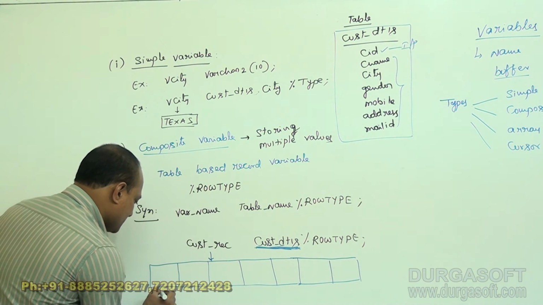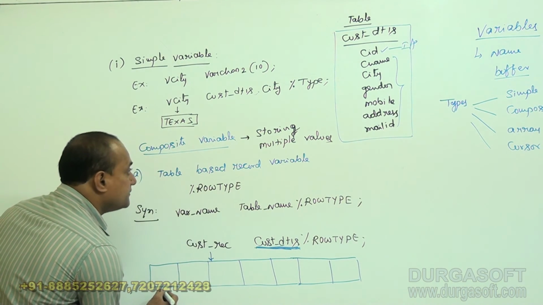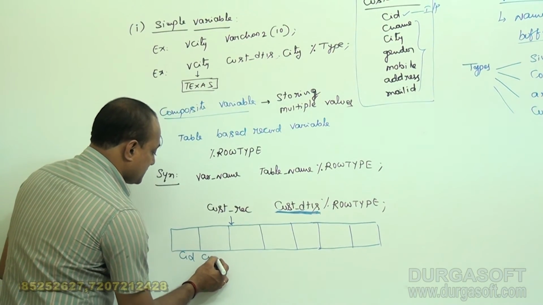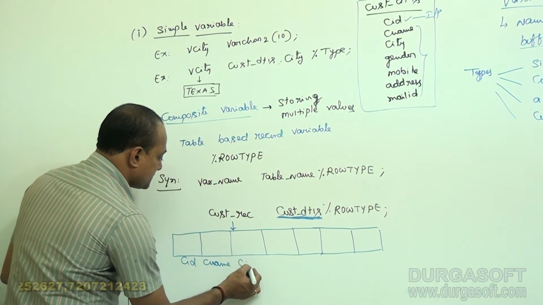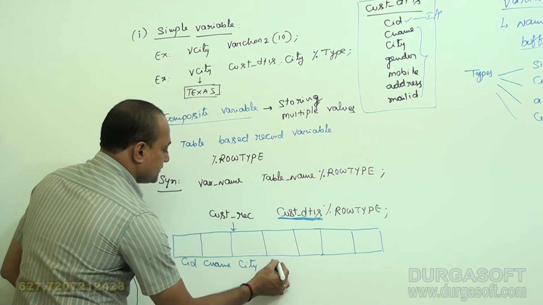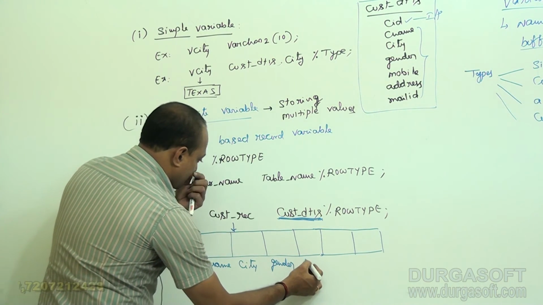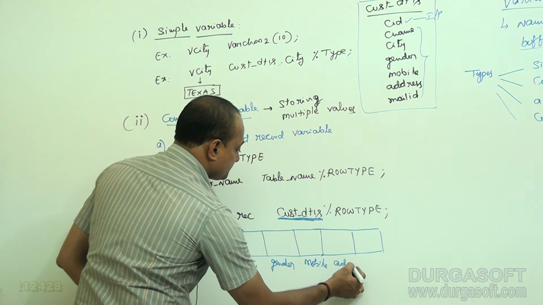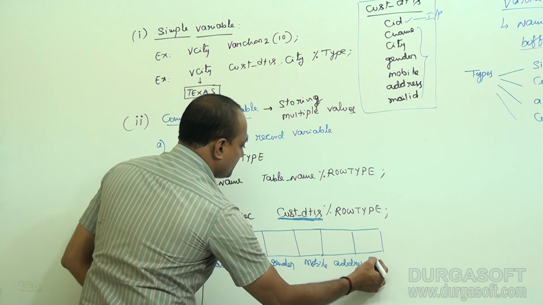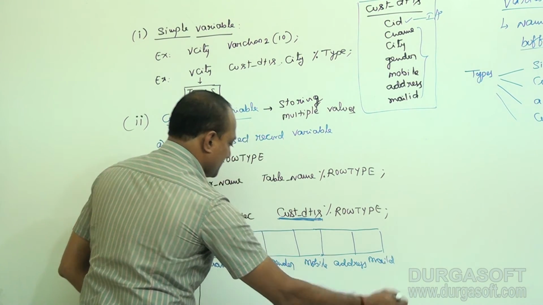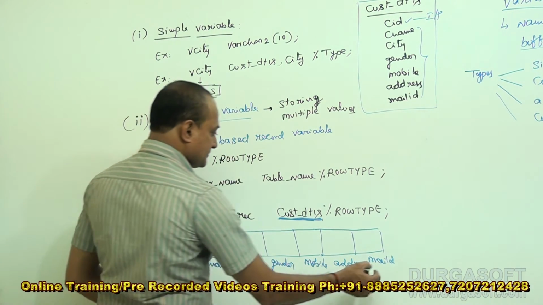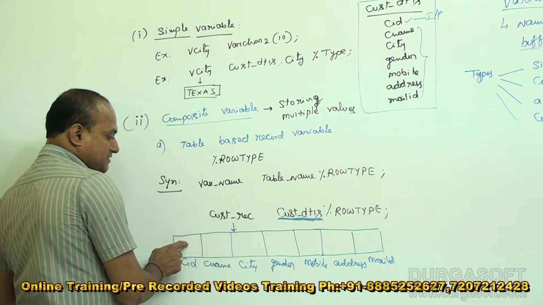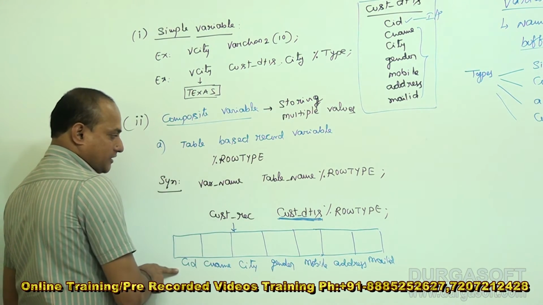Here each location is identified with a column name: C name, city, gender, mobile, address, and so on. Remember this: variable name dot column name.